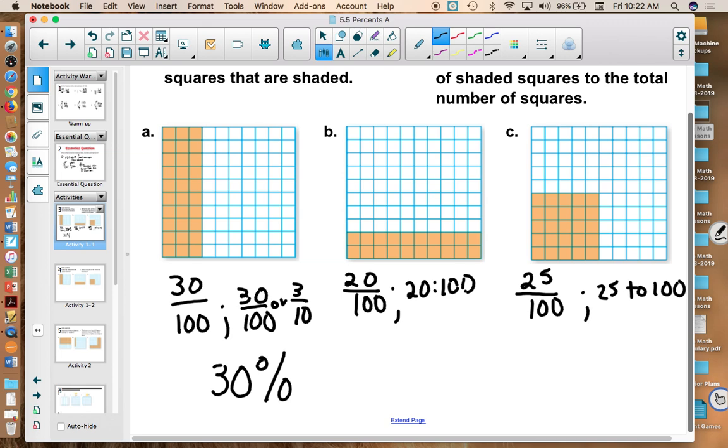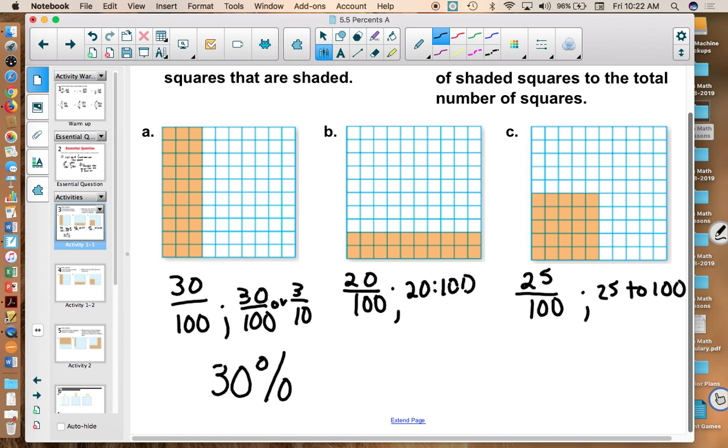Why do we say 30%? Braden: Because whatever you take out of the squares, there's 30 out of 100, and every percent equals 100. Good. And so you just take the numerator, add the percentage. Yeah, as long as your denominator is 100, you certainly do. That works perfect every time.